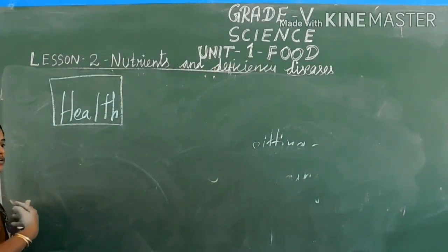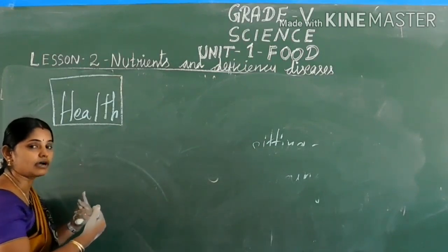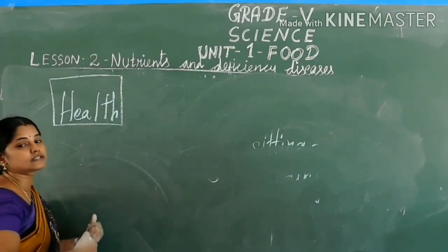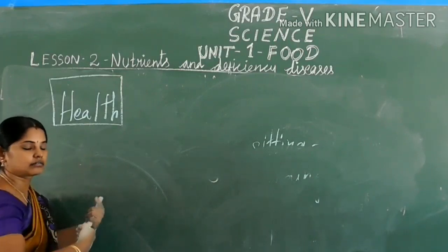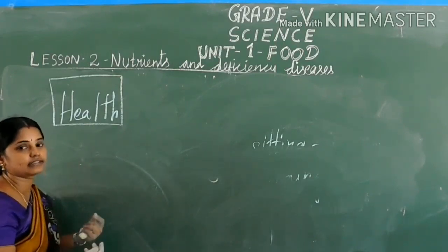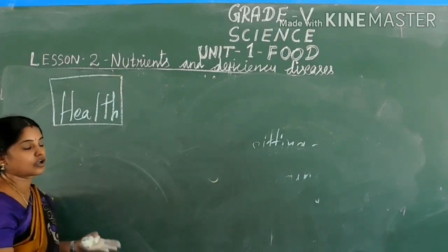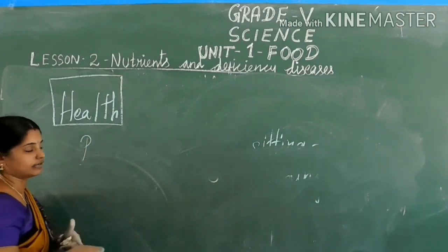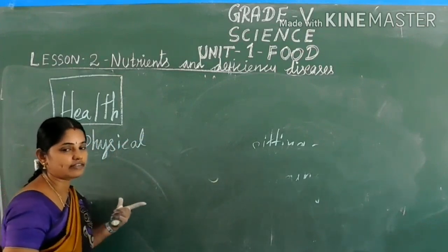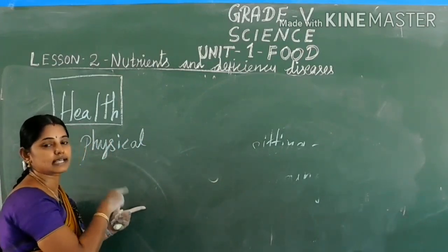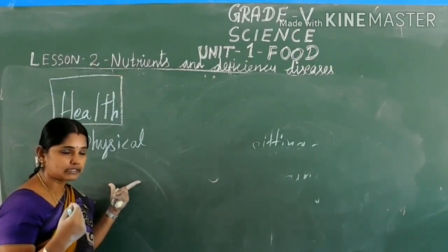That means when we say somebody is a healthy man, that man should have a balanced diet properly every day, then only he will have good health. That means he is free from diseases. That is physical, meaning the body. He should not have any disease, then only we call that man healthy. Okay. So physical and mental. He should not have any mental disturbance.